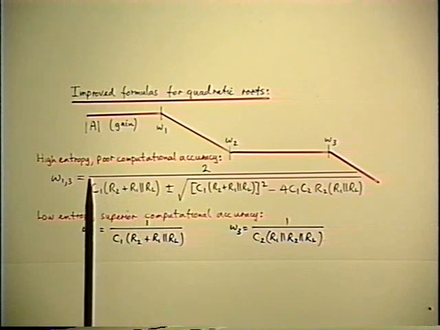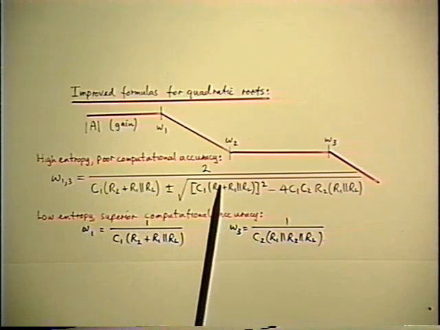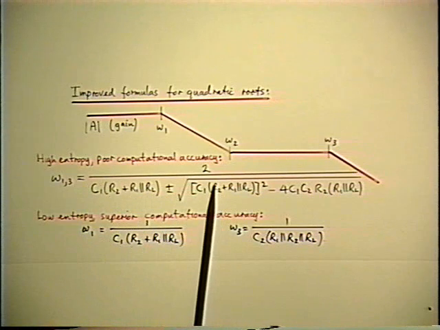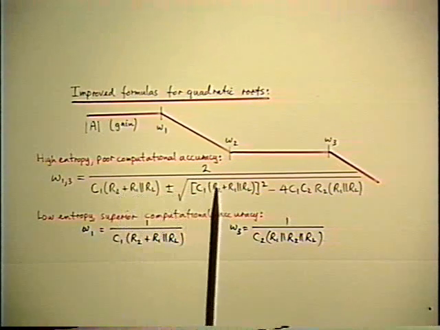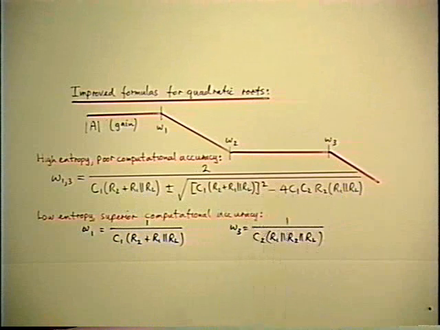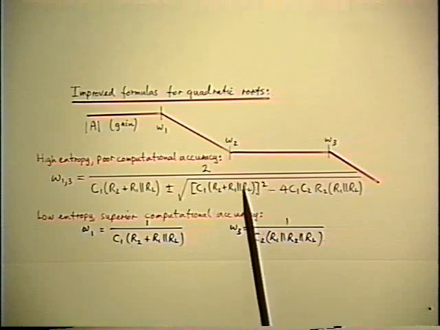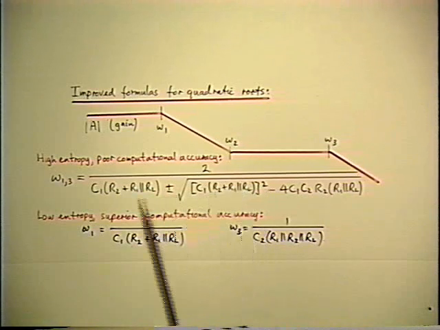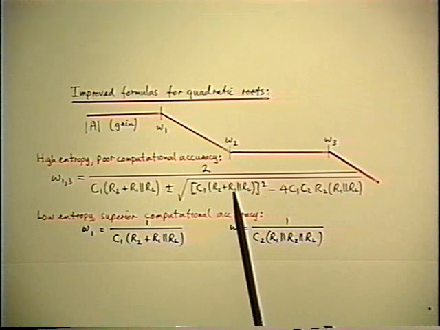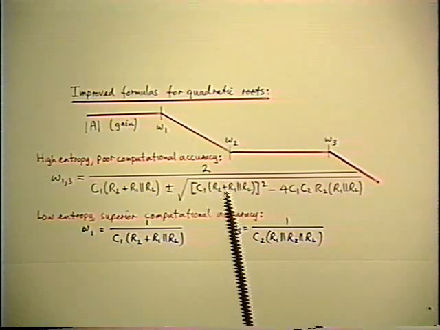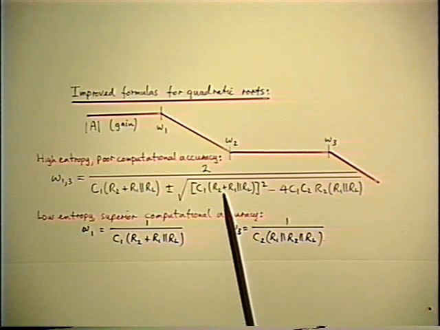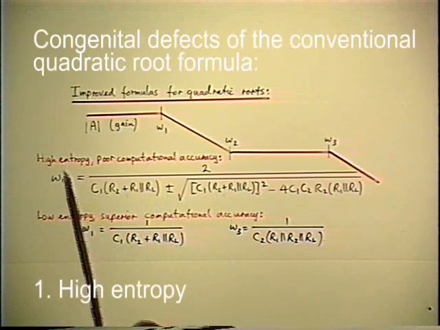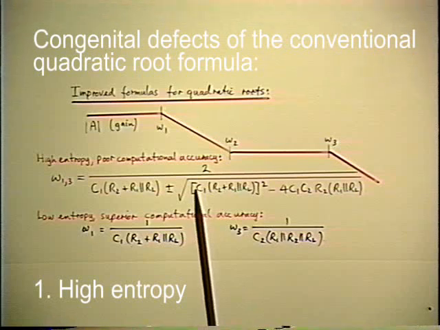Now, I'm claiming that this is a high entropy expression, because you might as well not have bothered writing these symbols in there. You might as well have put the numbers in right away, because that's all you can do with it anyway. This expression doesn't give you any helpful information about the relative importance of these different terms. So my claim is that this is a high entropy expression.